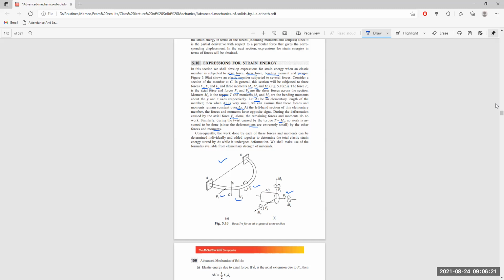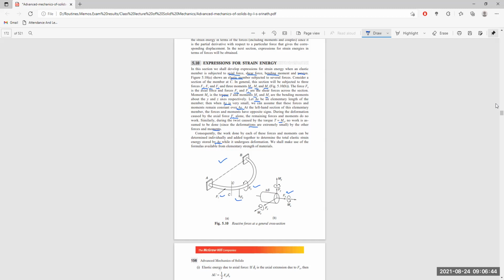Now the work done by each of these forces and moments can be determined individually and added together to determine the total strain energy stored, delta S, when it undergoes deformation. So we have to find the work done by the force Fx, by the bending moment Mx, and by the torques Mz and My if available.